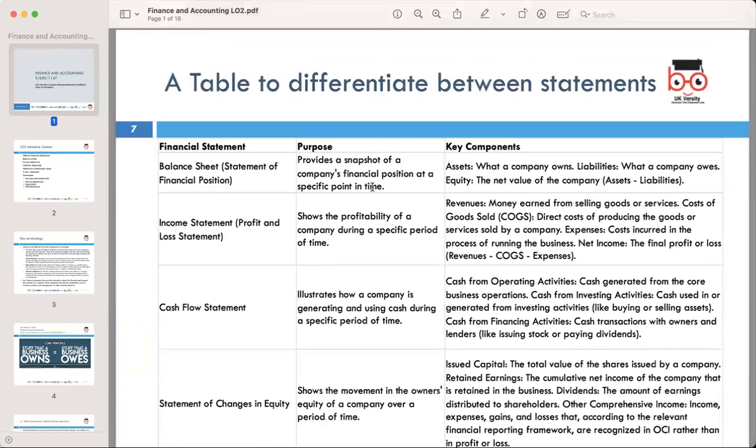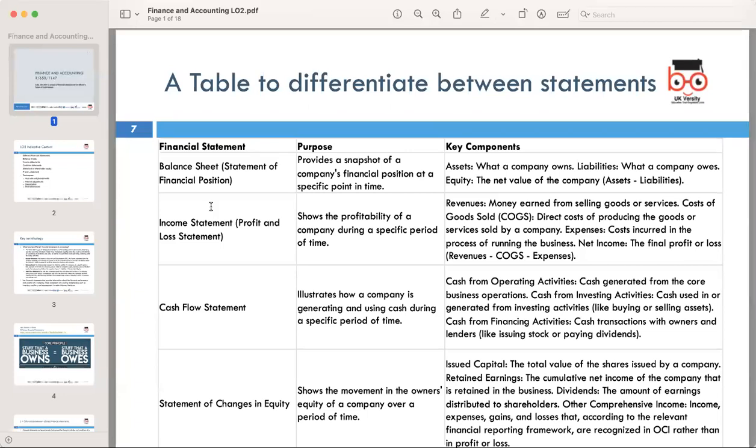Here, a table shows the differences between financial statements, tools that provide a comprehensive view of a company's financial health, allowing us to make informed business and investment decisions.